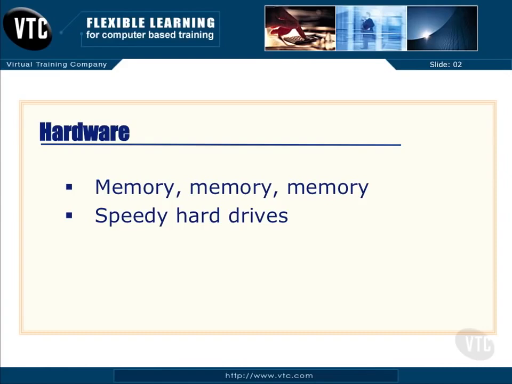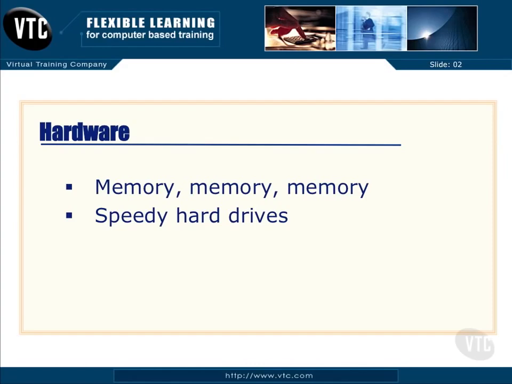Having speedy hard drives as quick as you can get them. Obviously, solid-state hard drives are really fast. The downside to them is they tend to be small, which means you may not be able to store as much information in your virtual machines in addition to your primary operating system, or you may not be able to have very many virtual machines around.